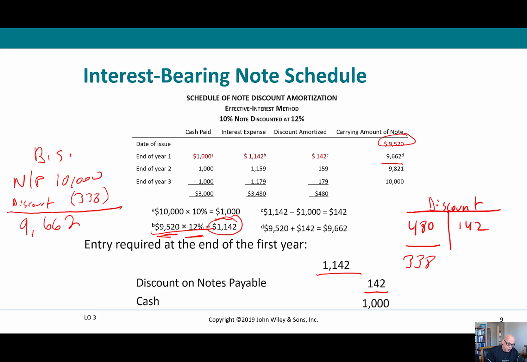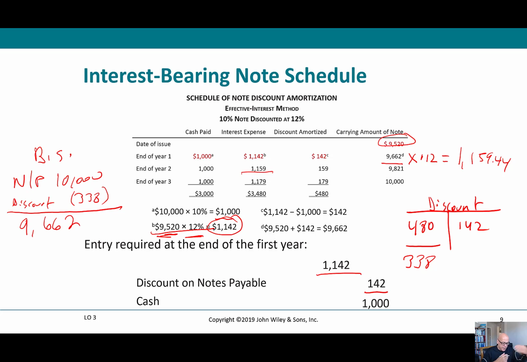In year two, I multiply that times 12%, which gives me 1,159.44, give or take a few cents. That's my interest expense for year 2.